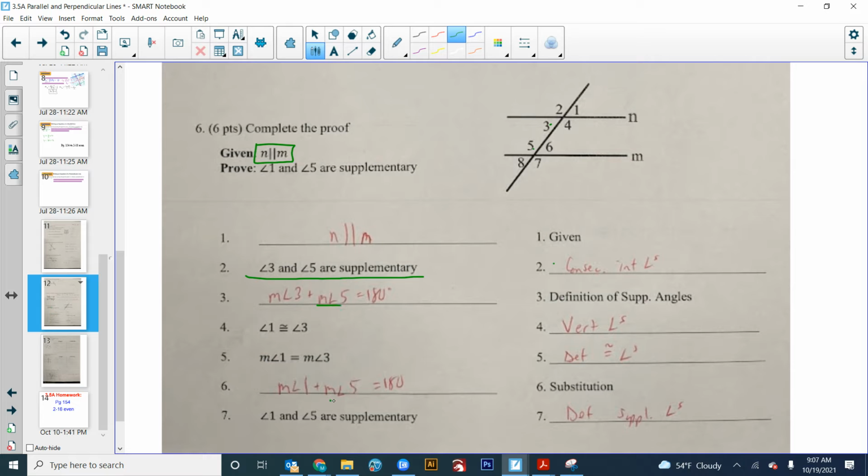Here's a 5, here's a 5, here's a 180, here's a 180. Nothing's been substituted yet. But 1 replaces 3 because up above, we said that they were congruent and their measures were equal. Substitution. And now, oh, look, 1 and 5 add up to 180. That means they are supplementary. That's the definition of supplementary angles.